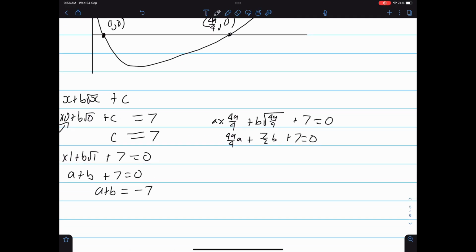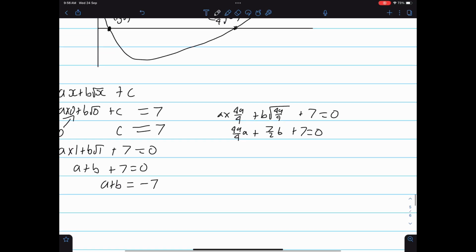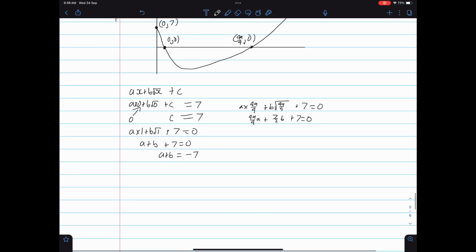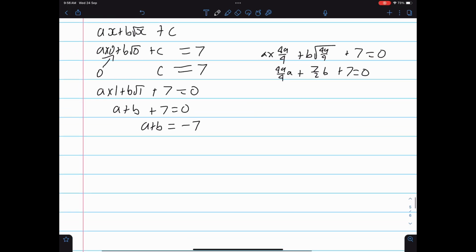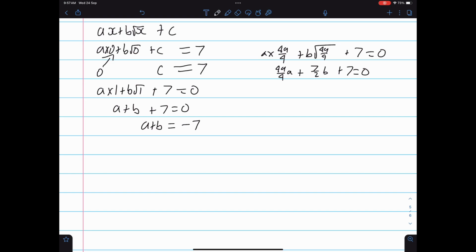So now we just need to cancel some things out, try to eliminate a variable and solve these equations simultaneously. I would multiply all of this by 7. Then I multiply all this by 2.